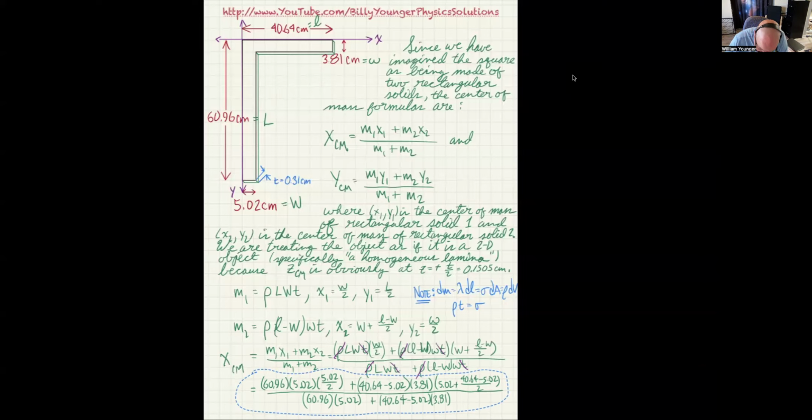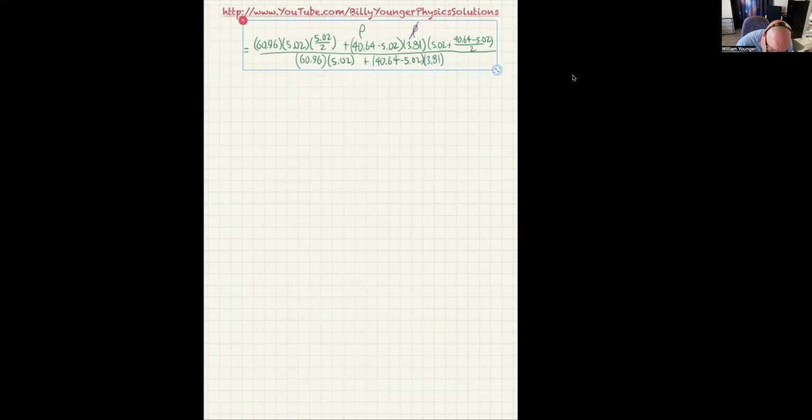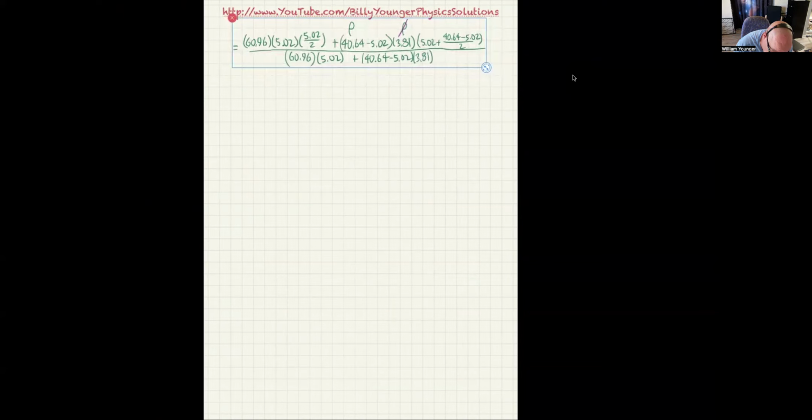I'll say copy, and now I'm going to say paste over on this side. We have that. And this, like I said, is the X center of mass. So I can go on and write this as follows.